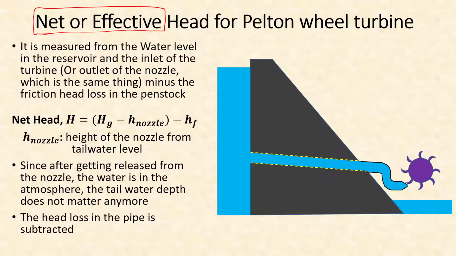When we talk about Pelton wheel turbine, in that case, it is measured from this water level up to the level of the nozzle, and from that also we'll have to subtract the head loss inside the pipe.